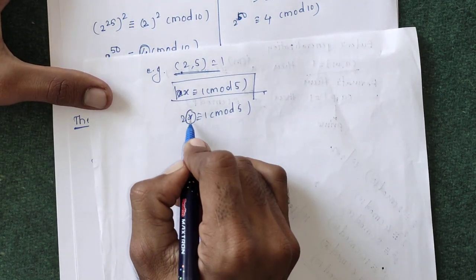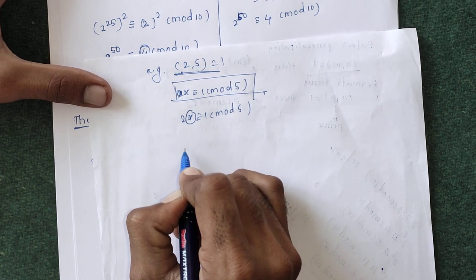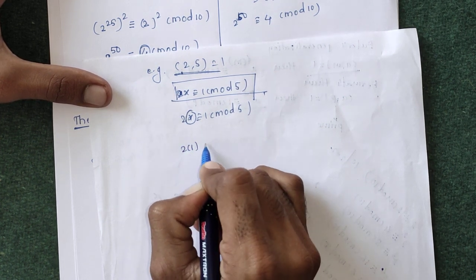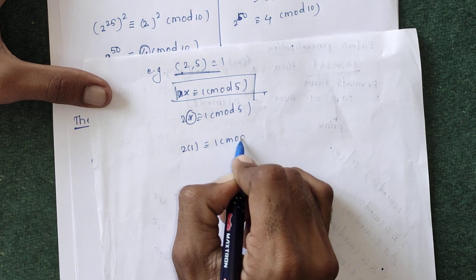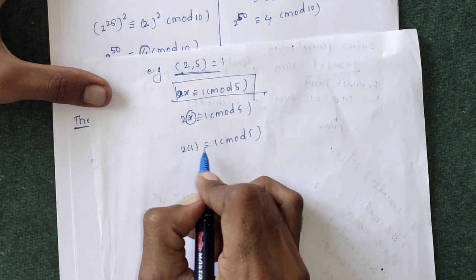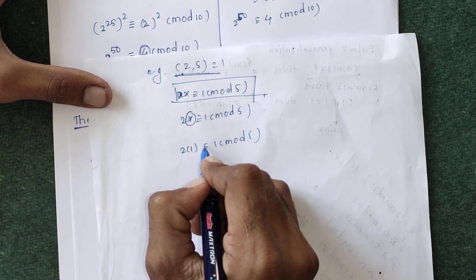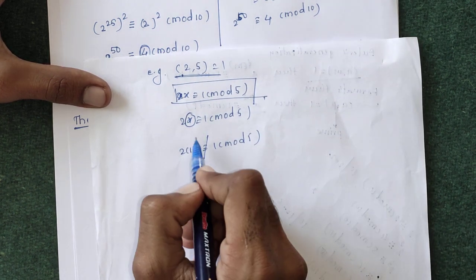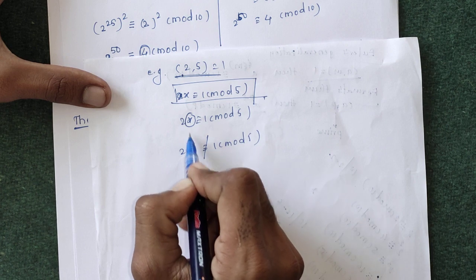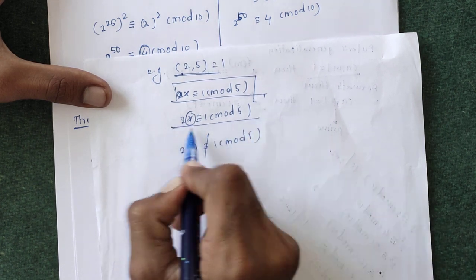For example, if we take the value of x as 1, then is 2 into 1 congruent to 1 mod 5? Since 2 minus 1 is 1 and 5 doesn't divide 1, this congruence is not true. Then we can say that x is equal to 1 is not a solution of this congruence.